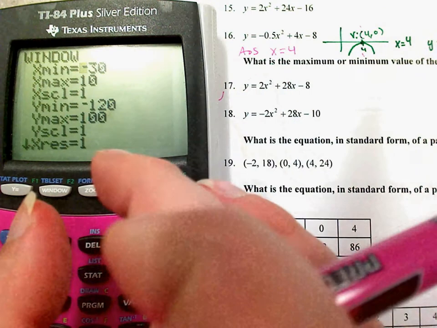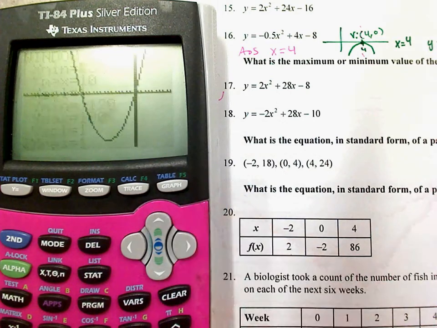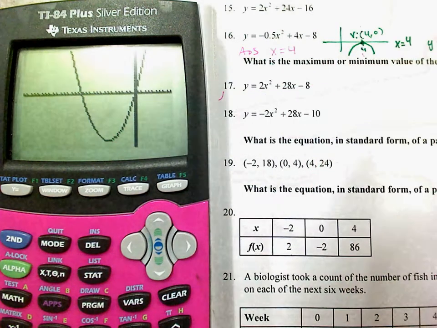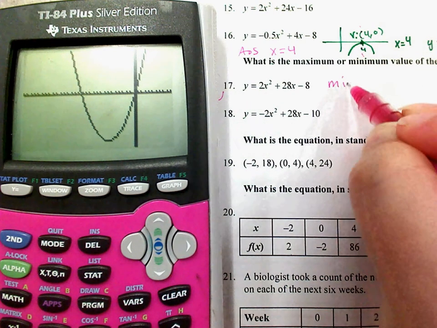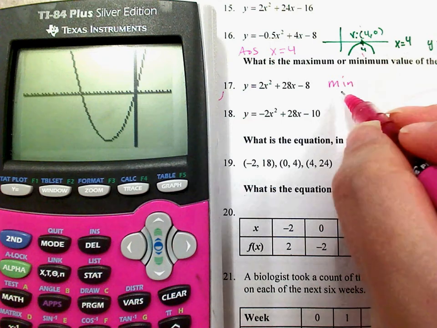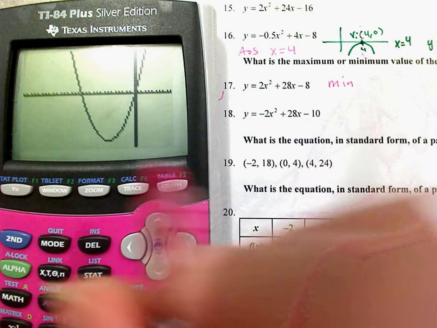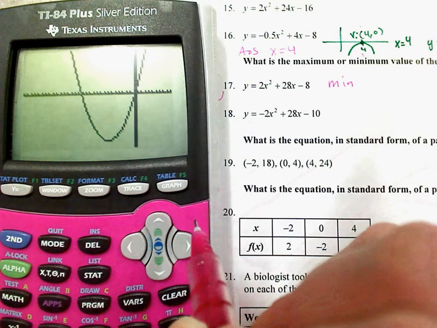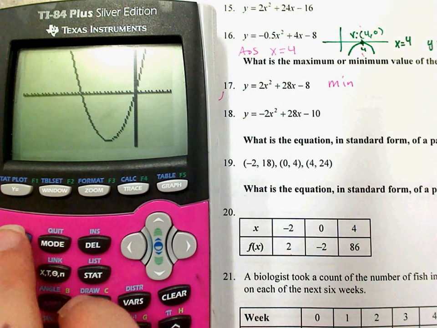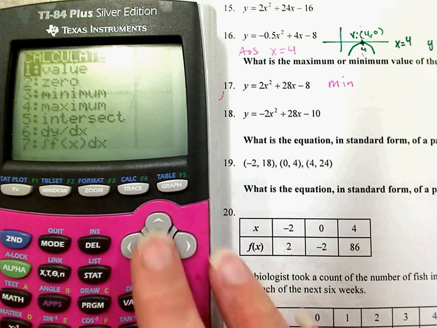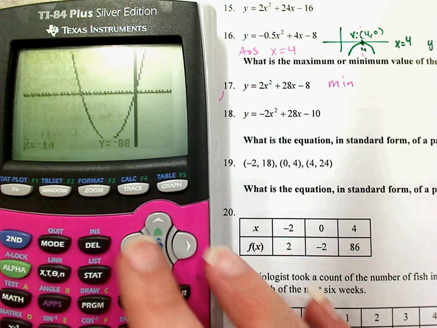Okay. So, is this a maximum or a minimum? Well, we already knew it was a min because we already drew it, so never mind. So it is a minimum. How do I find the minimum value, the lowest it goes? Right, so I need to second calculate the minimum. Am I to the left of it right now? Yes?